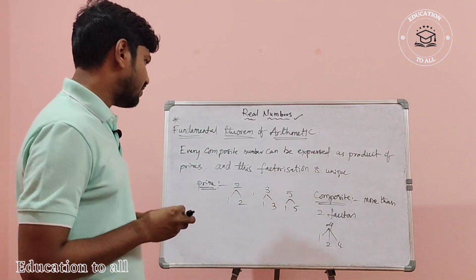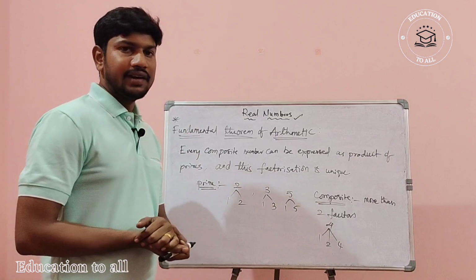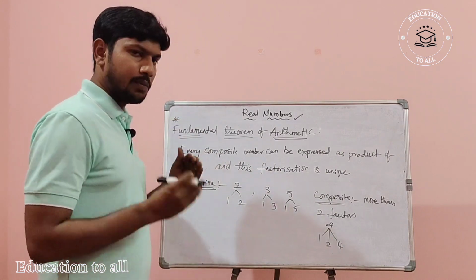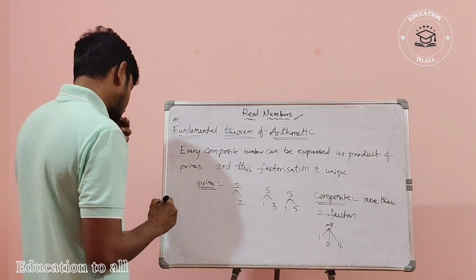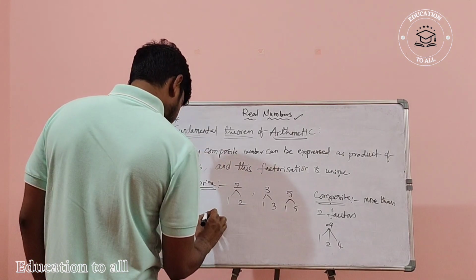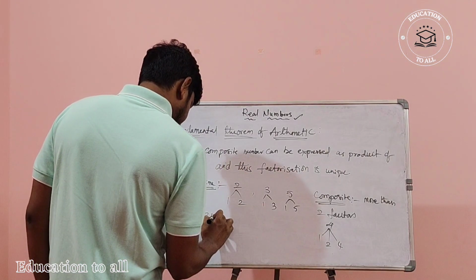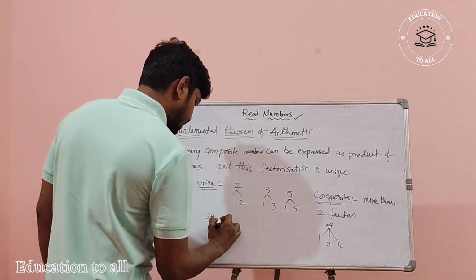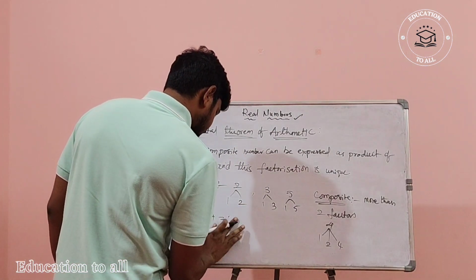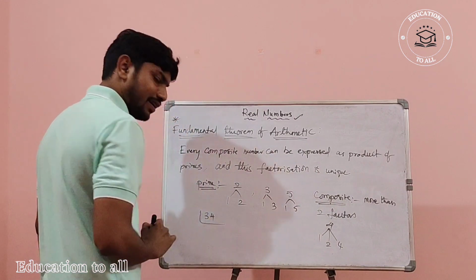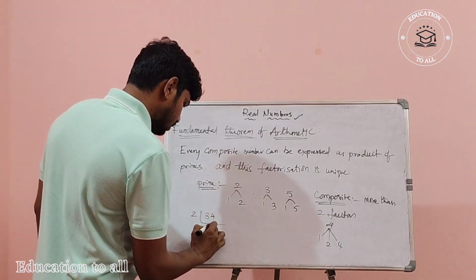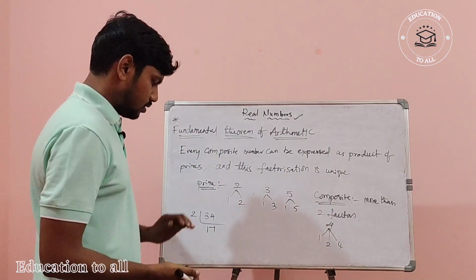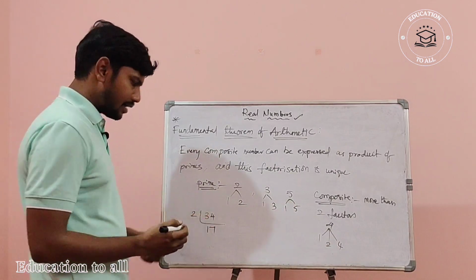So come back to the fundamental theorem of arithmetic. Every number can be written as a product of primes. For example, how can I express 34 as a product? The prime factorization is 2 times 17. Other than that, we cannot write it any other way.